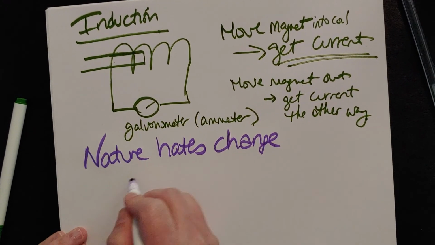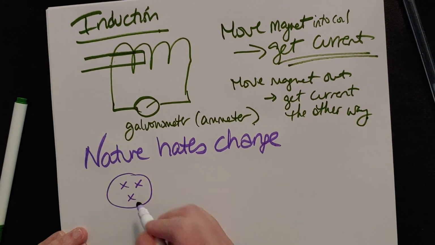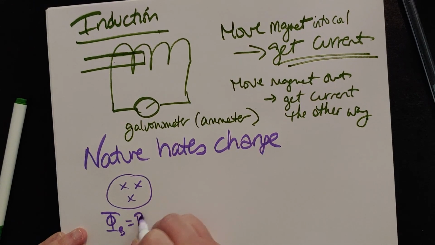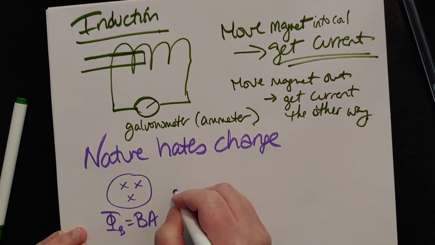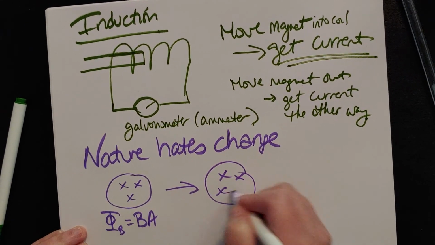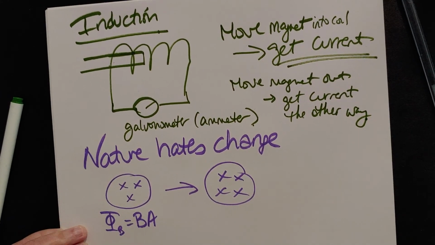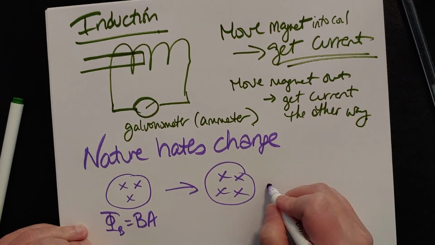So here's what's happening. We had a certain amount of flux. Okay, so a certain amount of magnetic flux, which is equal to the magnetic field strength times the area. Okay, if I then move the magnet in more, I have increased the flux. Okay, nature is so annoyed by this that it says, you know what?